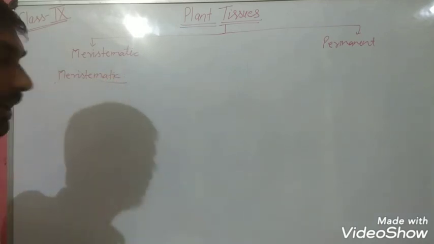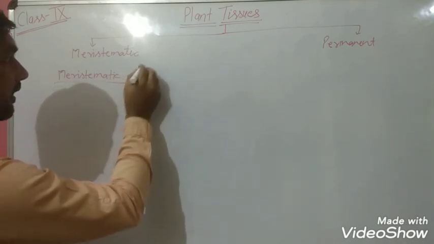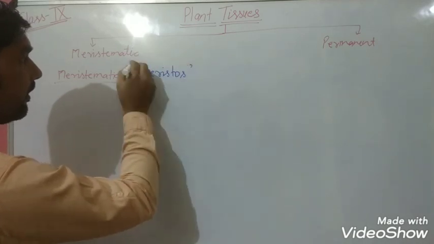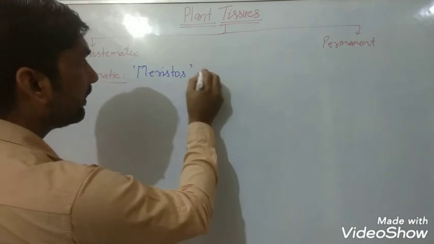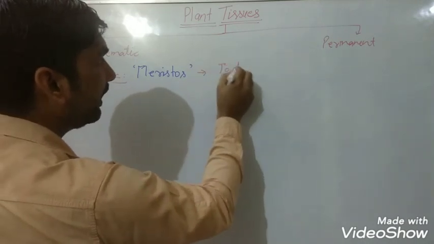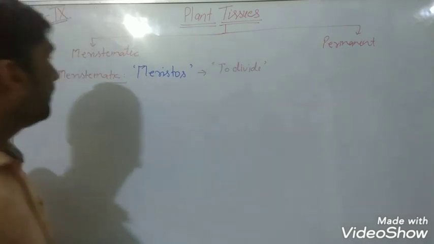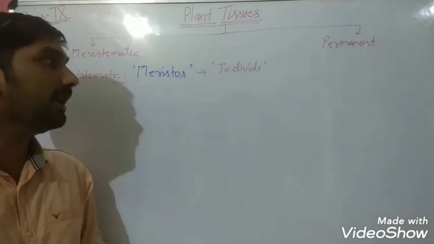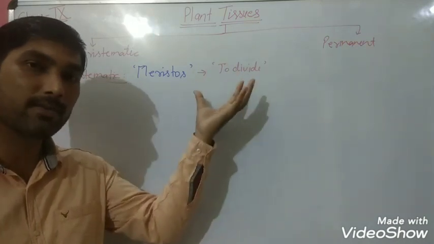Actually, meristematic is derived from a Greek word, meristos. This Greek word means to divide. It means the meristematic tissues are made up of some specific cells which have the ability to divide themselves.